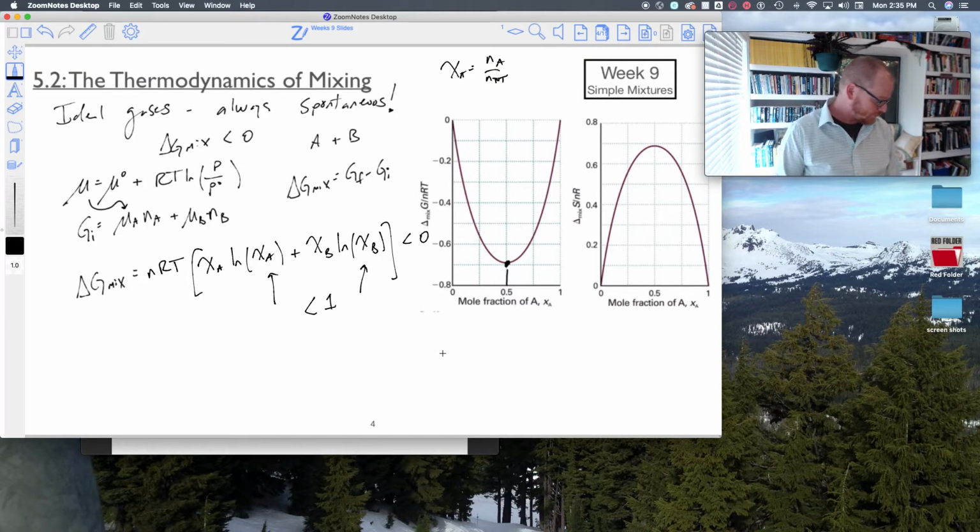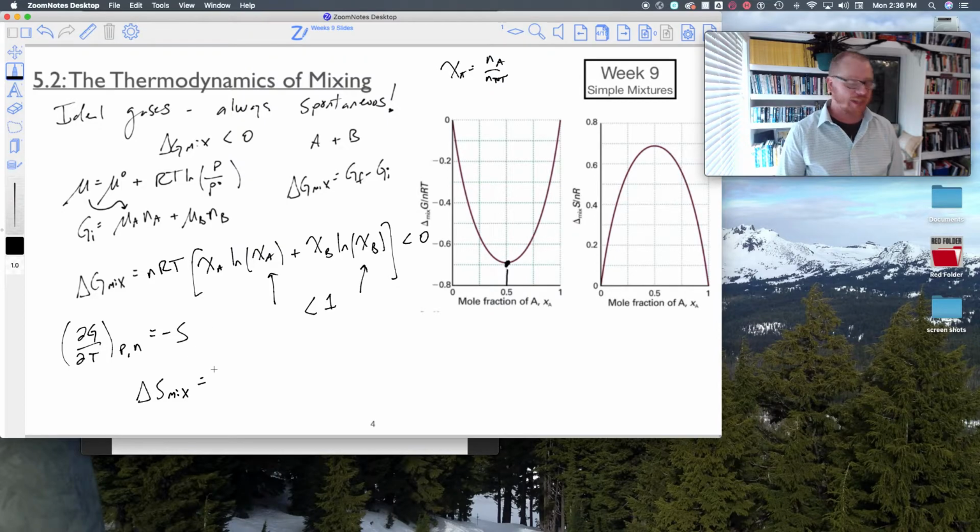Okay. So we also recall from our thermo square and our Maxwell relations that the partial of Gibbs free energy with respect to temperature at constant pressure, and now I'm going to tack in that number of moles, is negative entropy. So from this relationship, I can quickly come up with delta S of mixing gases.